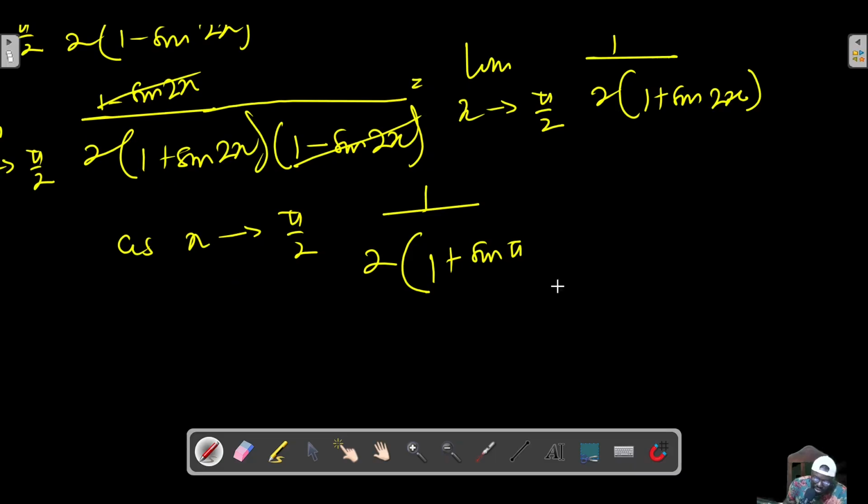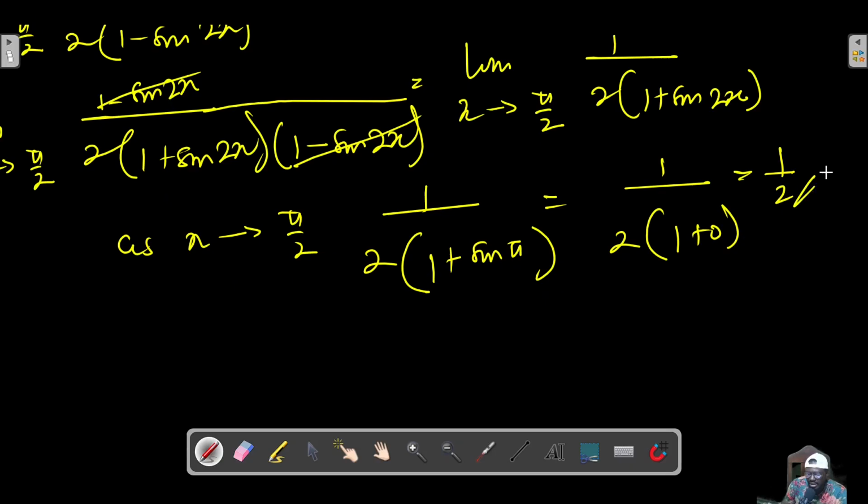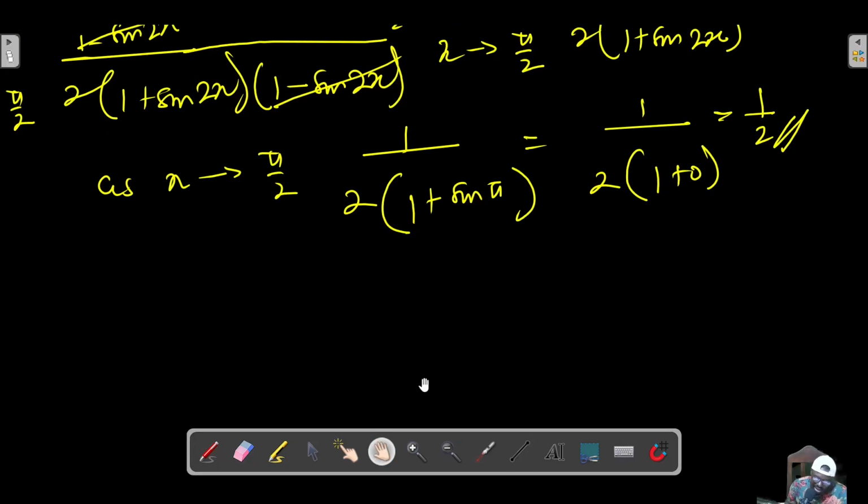So we end up with 1 plus sine pi. So this is 1 over 2 multiplying 1. What is sine pi? That is sine 180, which is 0. So we end up getting half. So our answer is half.